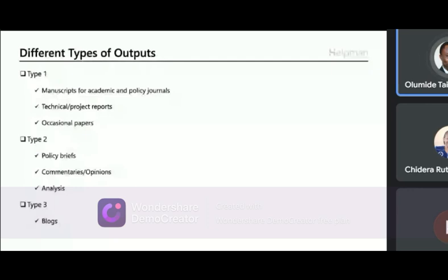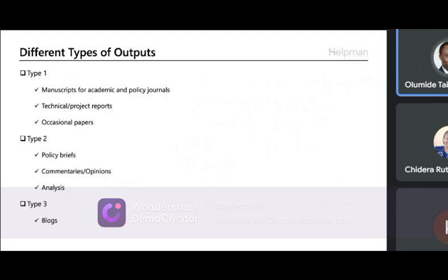Occasional papers also by specific organizations. So when you comb all that, in a policy brief you are trying to say, what do we learn from all these things and how can it help? How should we be approaching the use of this evidence in changing the way things work? What are the policy options or prescriptions these findings are recommending to us?